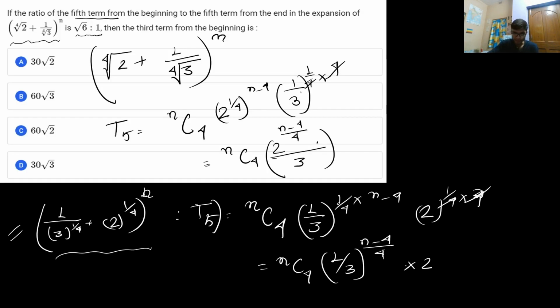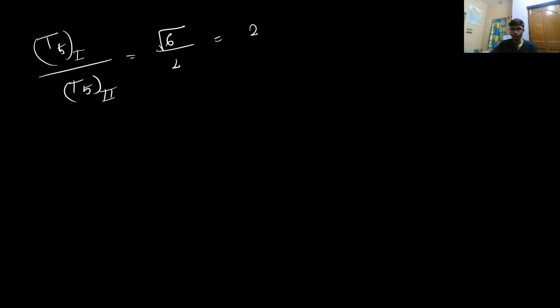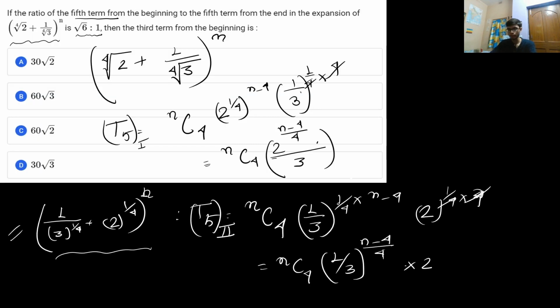So what is said in the question? Let me represent the T5 from the end as T5 2 and the T5 from the beginning as T5 1. It is asked in the problem that T5 1 divided by T5 2 is the ratio root 6 by 1. You can also write this root 6 as root 2 into root 3 by 1. Why did I do so? Because 2 and 3 are the only numbers involved in the problem.